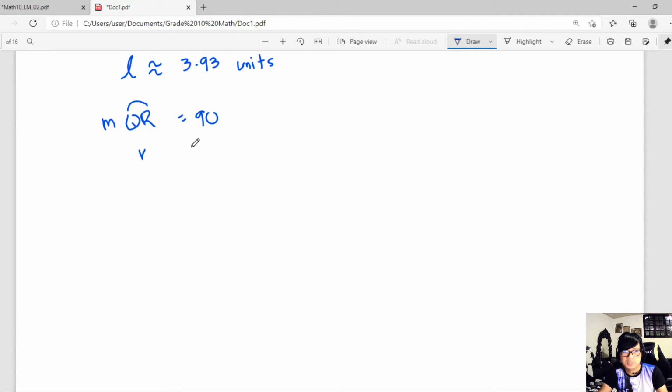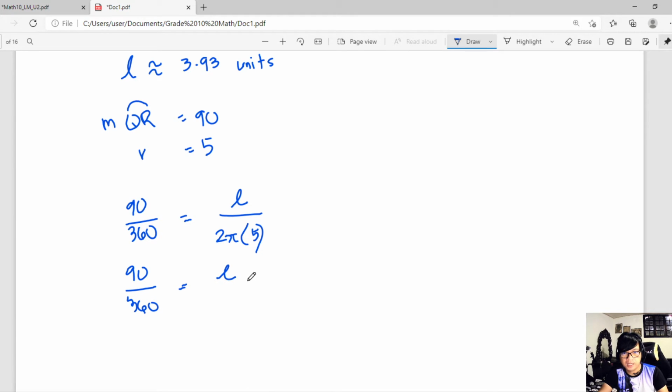The radius is 5. So 90 over 360 is equal to arc length L over 2 pi times 5, which is 10 pi.